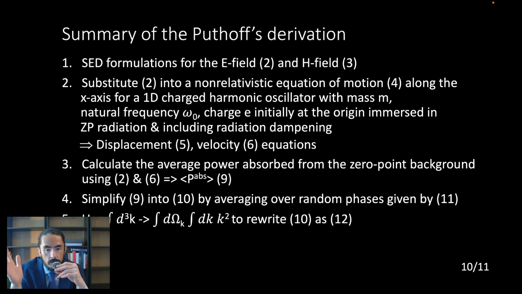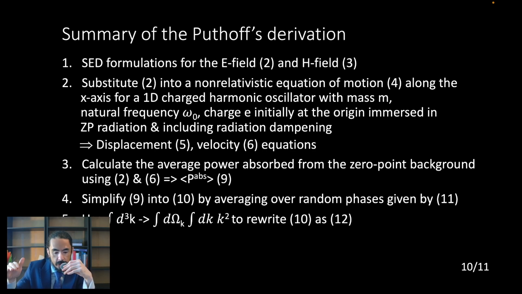We're including radiation as well as radiation damping. So by substituting the electric field relation into this equation of motion for a 1D particle, we obtain 2 more relations, one for displacement, one for velocity of this charged particle. So we've taken the field equation and the motion equation, and we've got a displacement and a velocity equation out of it at step 2.